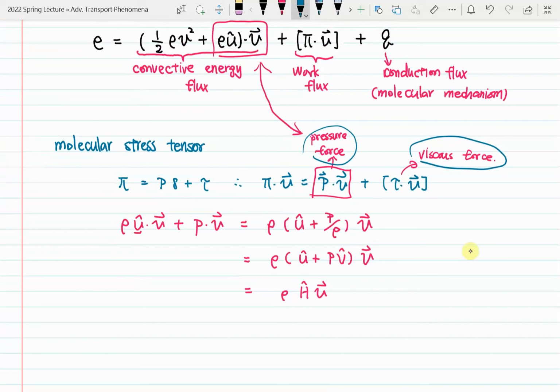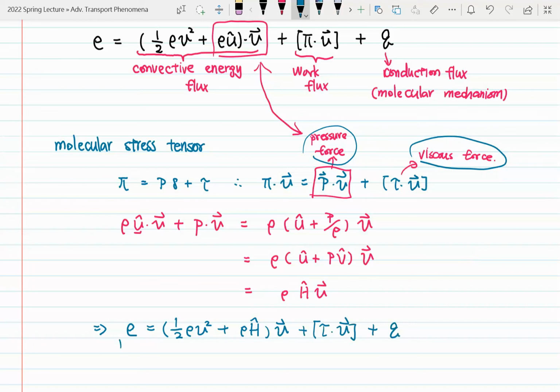So we can write again the energy flux vector equals still the kinetic energy term, 1/2 rho v squared, plus rho h-hat v, plus the viscous shear stress term, plus conduction.